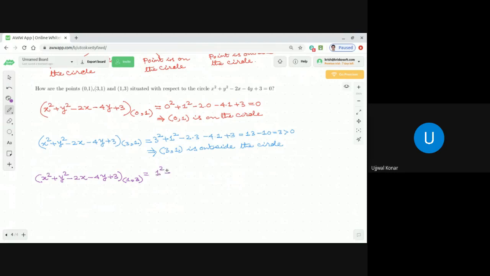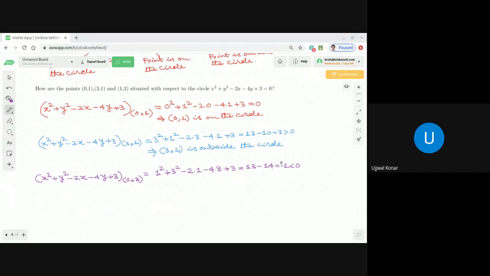That is 1 square plus 3 square minus 2 into 1 minus 4 into 3 plus 3. 1 plus 9 is 10, 10 plus 3 is 13, 13 minus 14 is minus 1, which is less than 0.